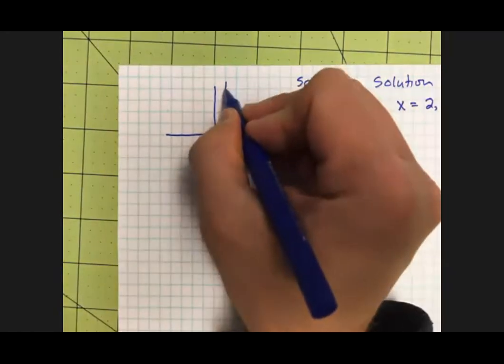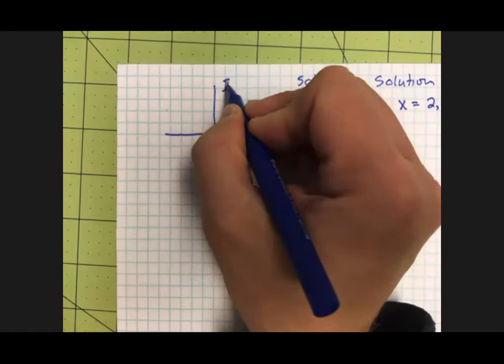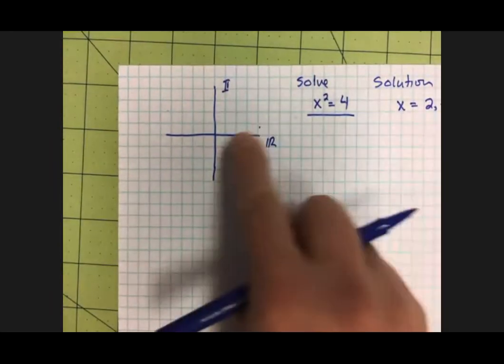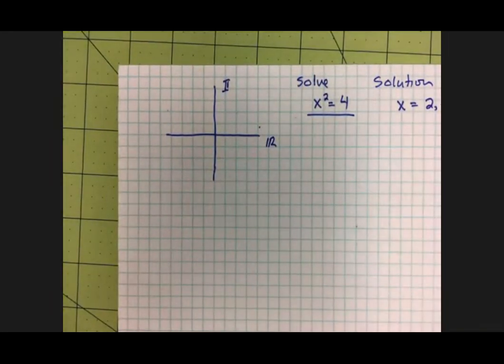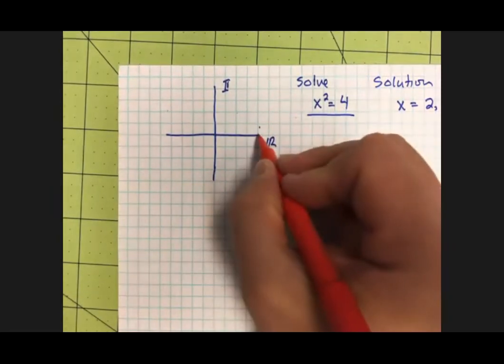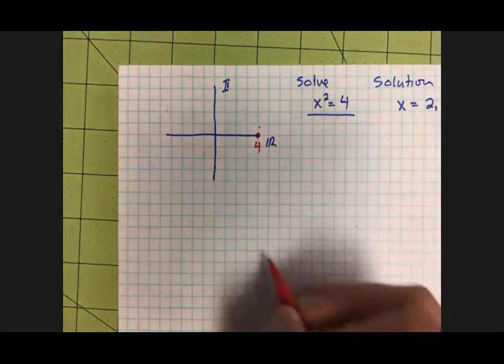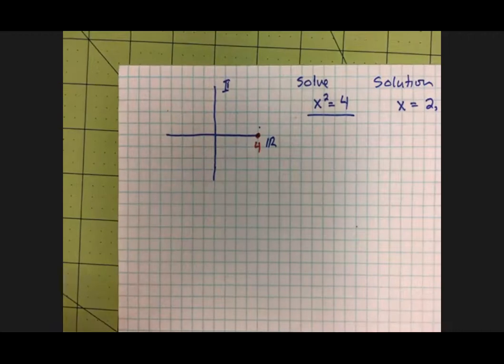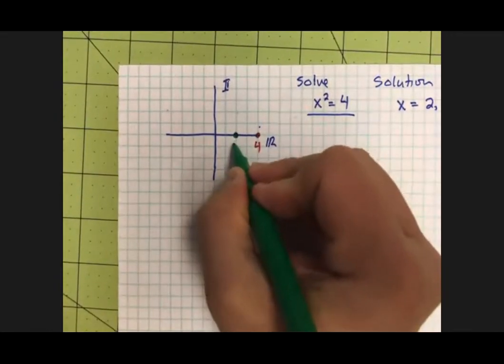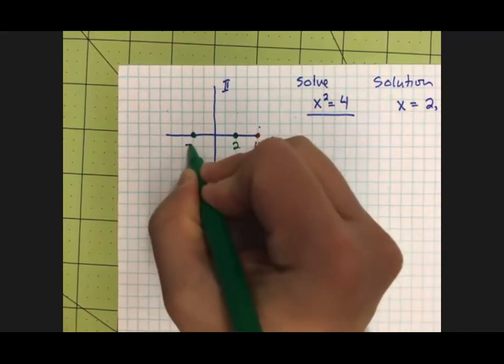Let's draw those 2 answers. Even though they're just real numbers, let's draw them in the complex plane. Here's a 4. And the 2 answers I got were 2 and minus 2.